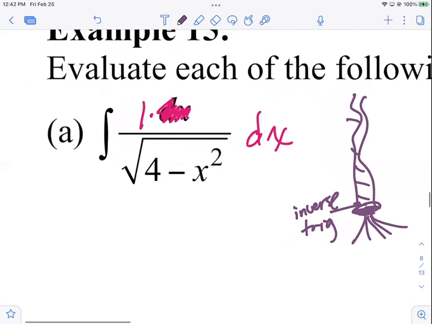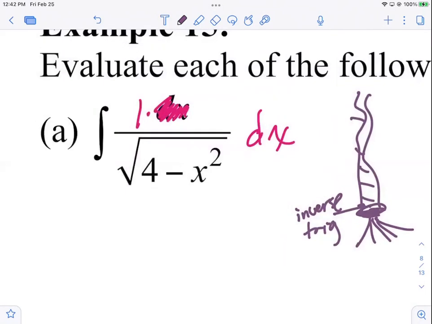So it could be an inverse trig. Which one would it be if it's going to be one? Well, it has a radical in the denominator, so it can't be arctangent. Agreed? There are two things that might lead you away from arc secant.